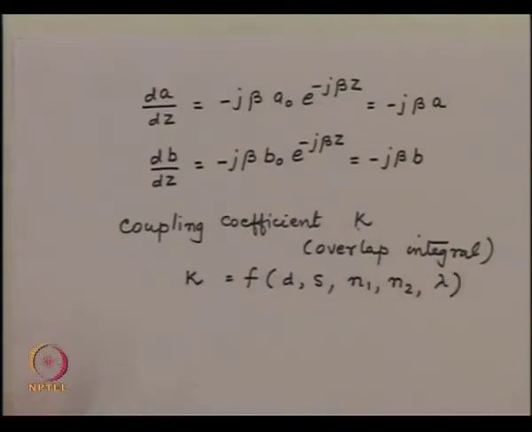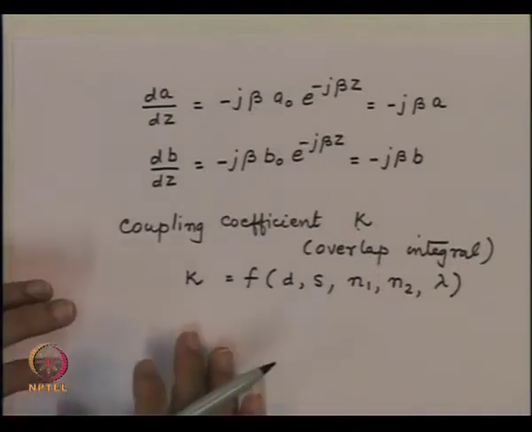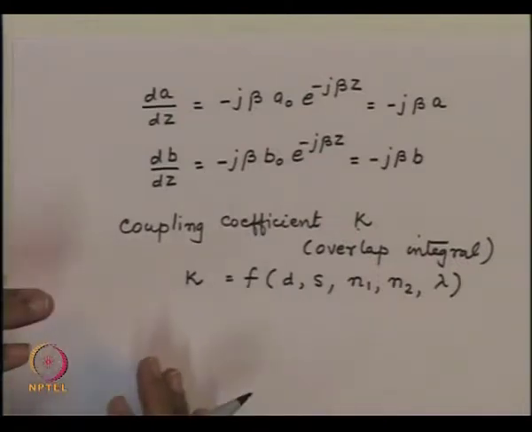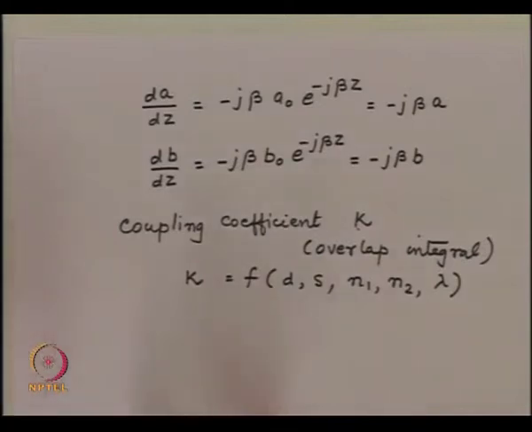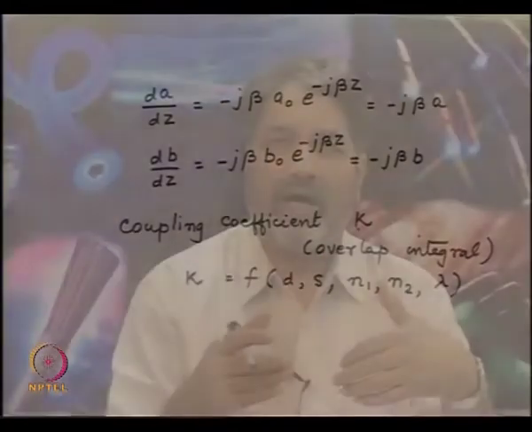And by changing any of these parameters, the coupling coefficient can be changed. We will see later the physical meaning for this coupling coefficient, but at this point of time, here is a quantity which essentially is a measure of how much field is going to get coupled from one waveguide to another waveguide.